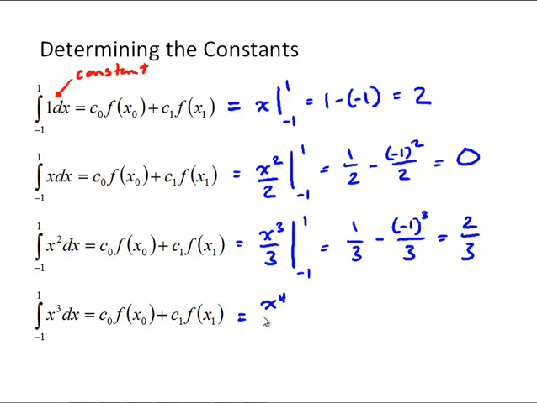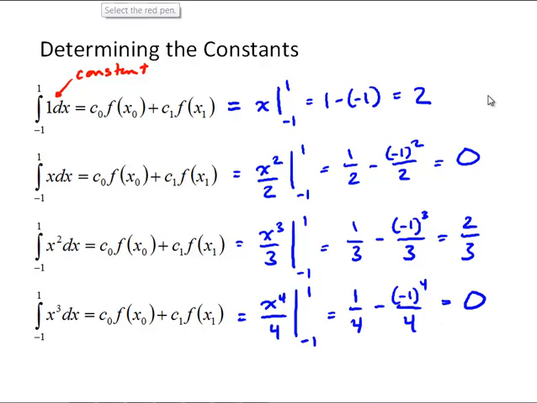The last constraint gives us x to the 4th over 4 evaluated from -1 to 1, which is 1/4 minus -1 to the 4th over 4, and again that's equal to 0. So here we have 4 algebraic equations for our 4 unknowns, c0, x0, c1, and x1.